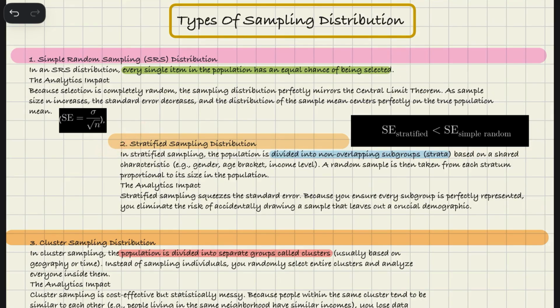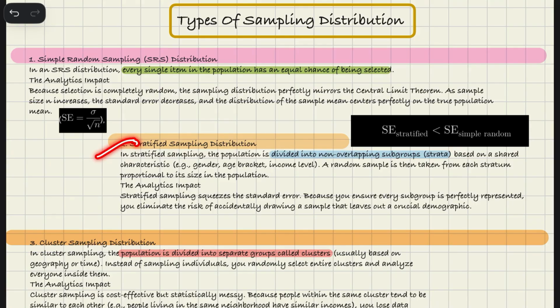And then there is a second type, which is stratified random sampling. This is what we use when our population is diverse and contains distinct subgroups. The subgroups are known as strata. We want to ensure that every single subgroup is fairly and proportionally represented in our sample.